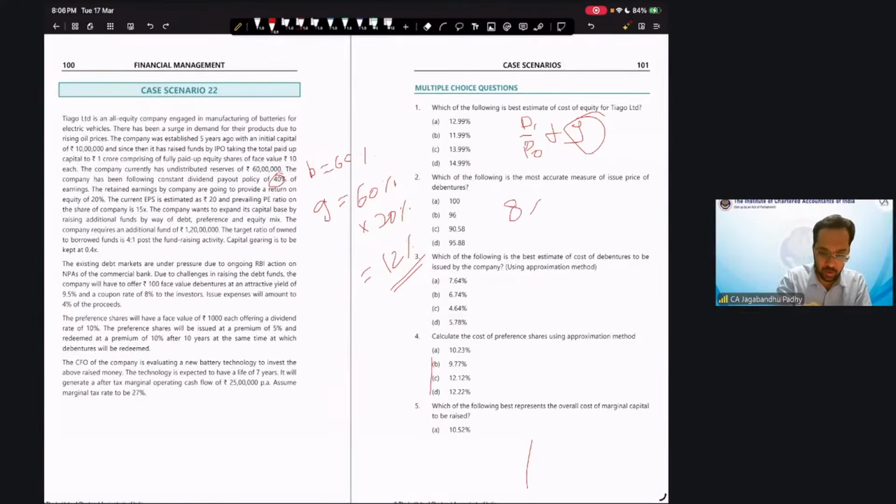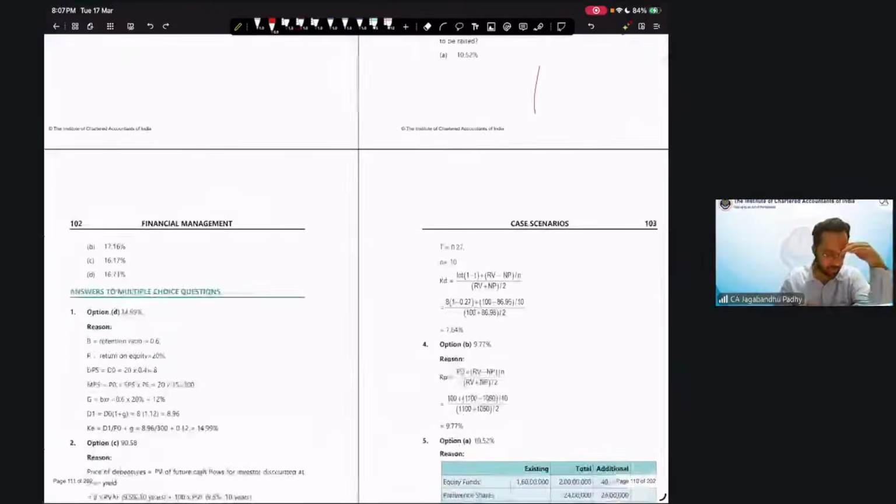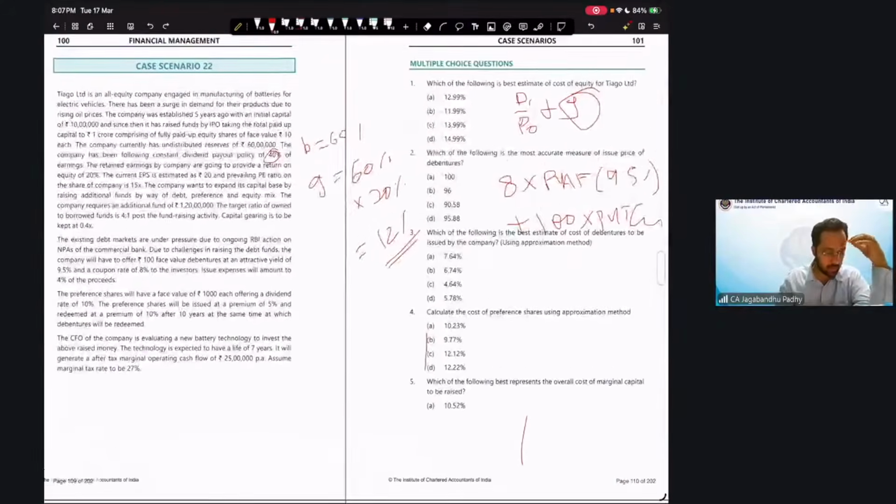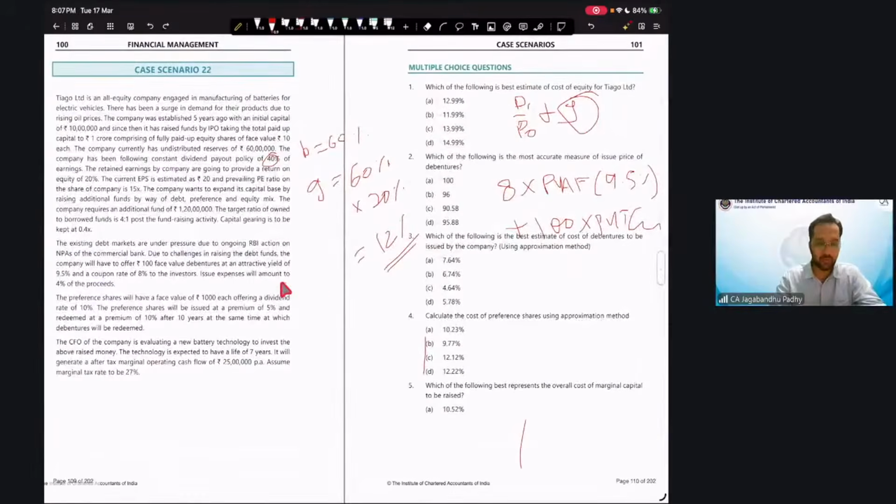So it's going to be 8 into present value annuity factor at 9.5% plus 100 into present value factor at 9.5%. So that's going to be 90.58.